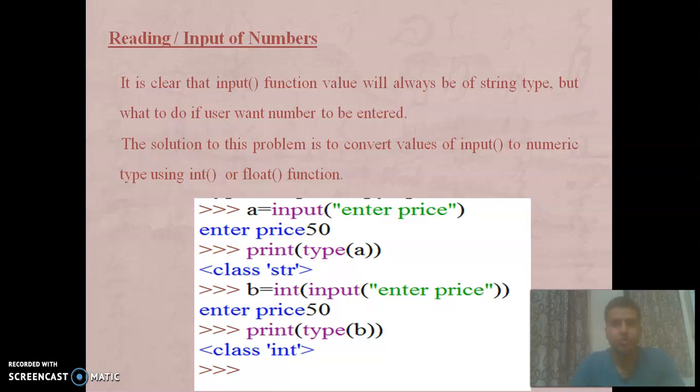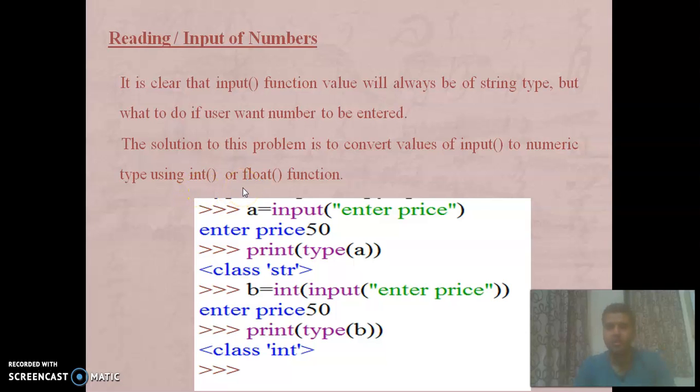It is clear that the input function value will always be of string type, but what to do if the user wants a number to be entered? The solution is to convert the input values to numeric type using the int or float function.